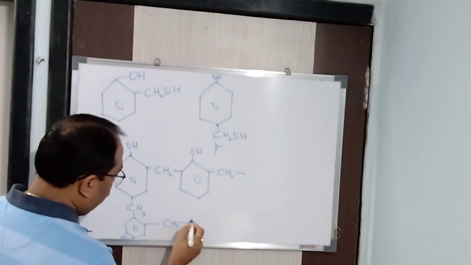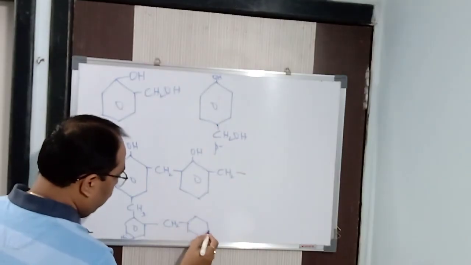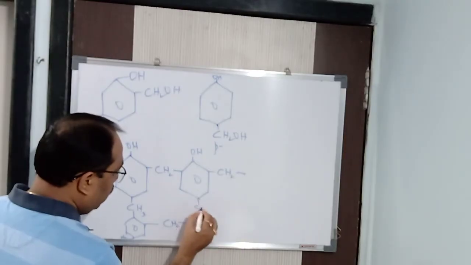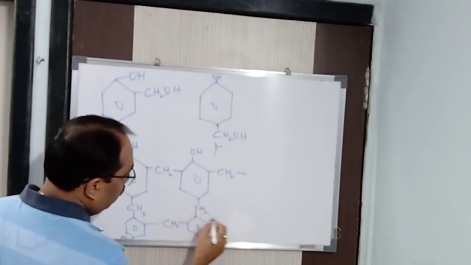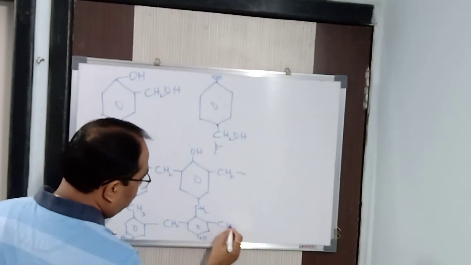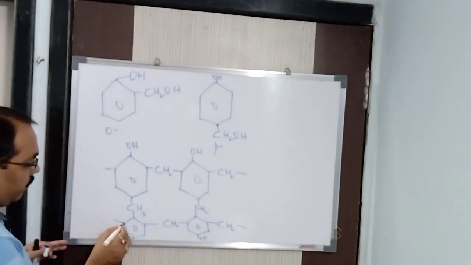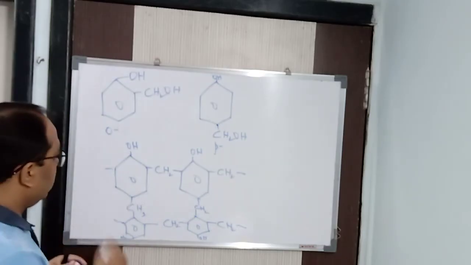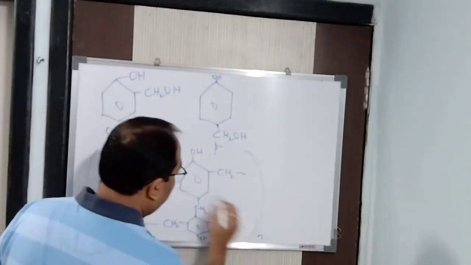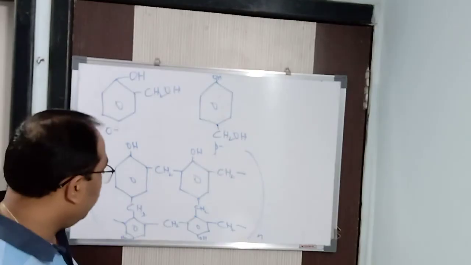Here it will be CH2 and another benzene ring will be here, and here it will be OH, and here CH2, and here it goes on another CH2 and it goes on in this particular way. Got it? It goes in this way. So it is known as whole N. This is whole N. It will go on in this way. So this is called bakelite.